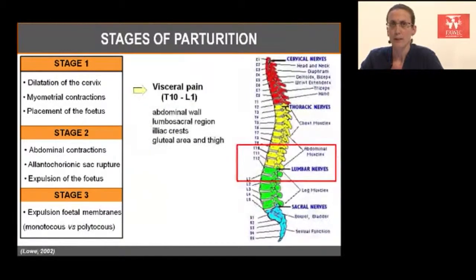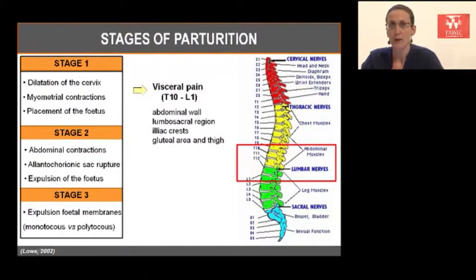Now, regarding this physiological stage, I'm going to describe the kind of pain in each stage. For example, in the first stage, visceral pain predominates. This visceral pain is transmitted from T10 to L1, so that means that thoracic and lumbar areas are affected.